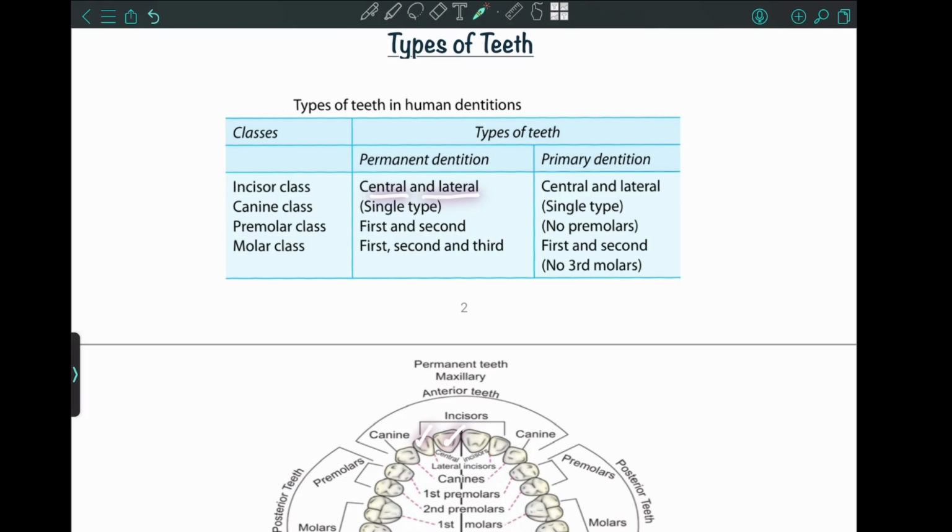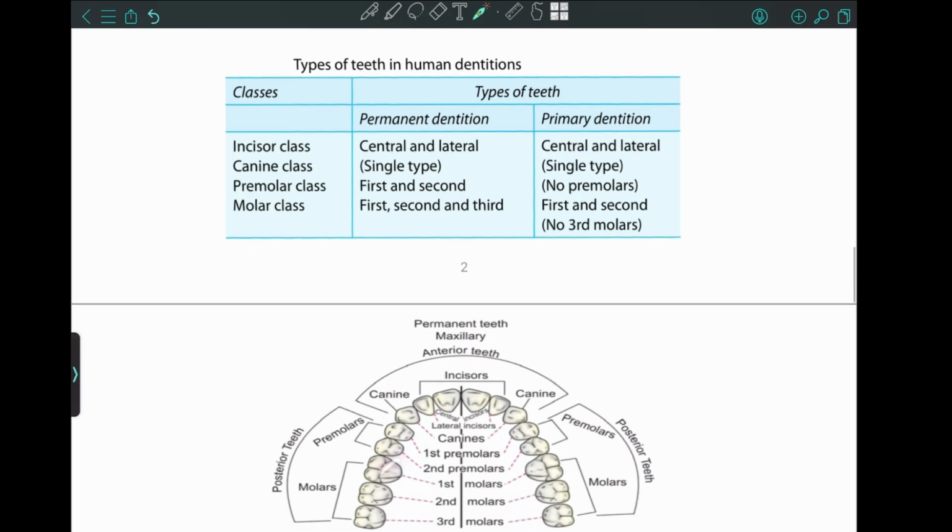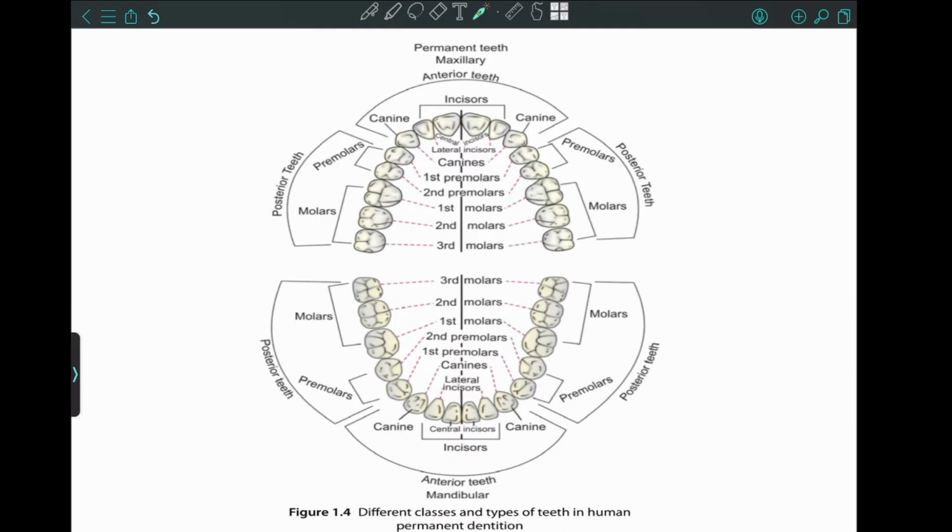Among premolar and molar classes, there are first and second premolars and first, second and third molars in permanent dentition. The molar class in deciduous dentition has only 2 teeth, the first and second molars. Here you can see in this picture different classes and types of teeth in human permanent dentition.